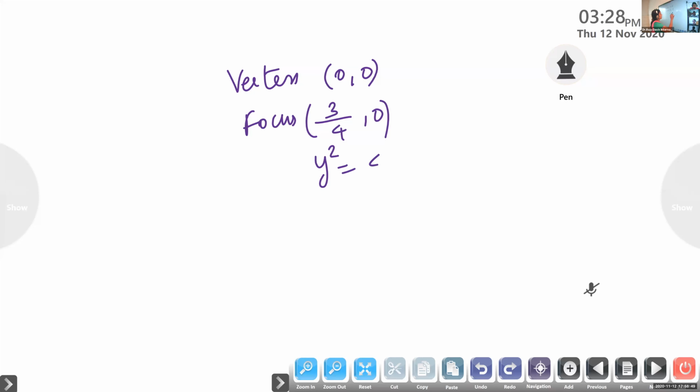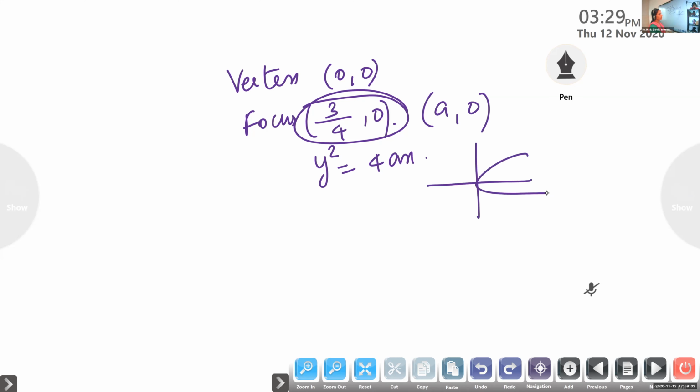Is it y square is equal to 4ax? Okay, here it lies on x. Look at the focus, it is of the form a comma 0. Is it clear? Can you follow this? Y squared is equal to 3x.